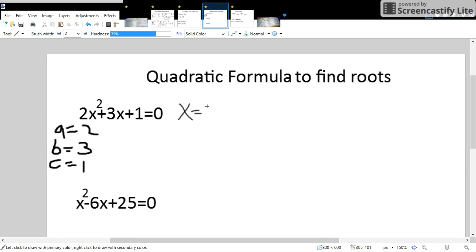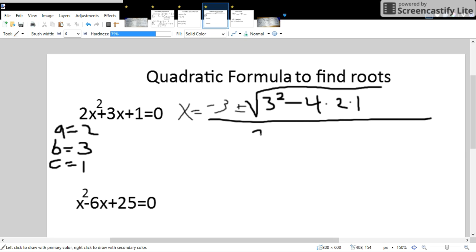So x equals negative 3 plus or minus the square root of 3 squared minus 4 times a, which is 2, times c, which is 1, all over 2 times 2.